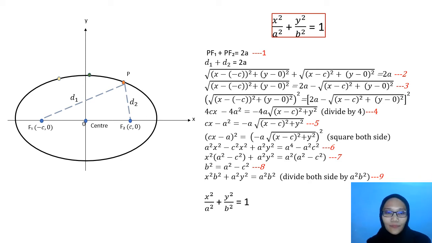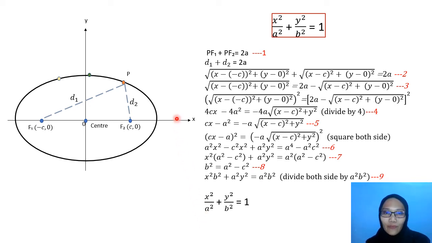First, we take one point P in the plane, and we calculate the sum of the distances of point P from focus point 1 and focus point 2. We know that this sum is constant, which is 2a.